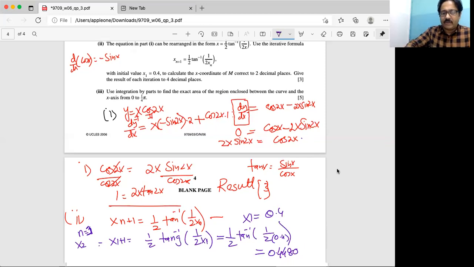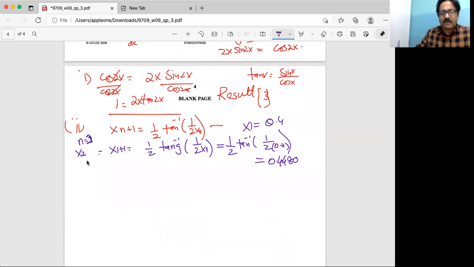Now for the second, I will need x3. So I'll be writing 1 over 2 tan inverse of 1 over 2 x2. Now the x2 result is 0.4480.